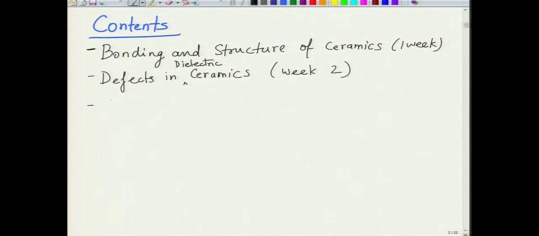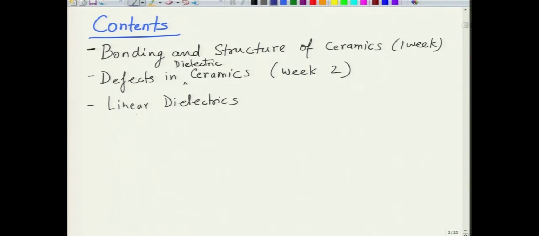of these materials. And then we will move on to what we call linear dielectrics. Linear dielectrics are those dielectrics whose polarization behavior as a function of electric field is linear. And here we will first look at the basic mechanisms of dielectric materials.